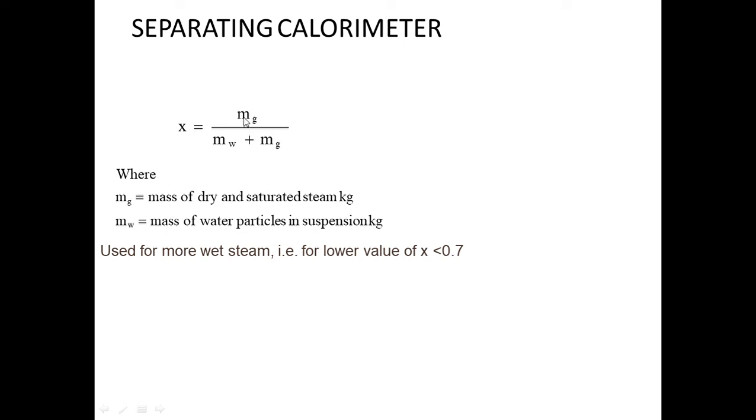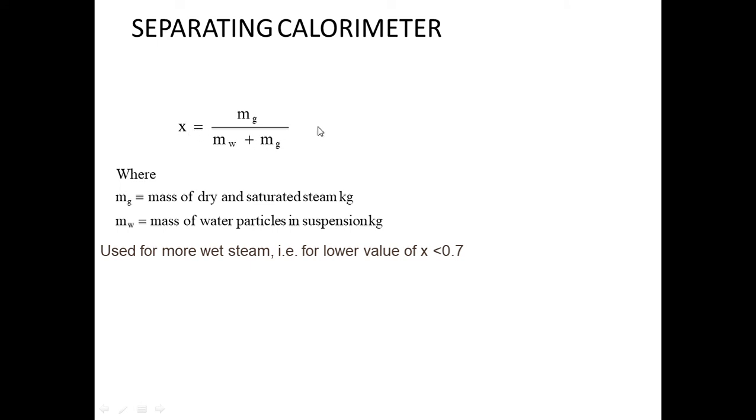So the mass of steam measured will have a higher value than actual, because in this mass of steam we are not completely separating the mass of water and mass of steam. So it may contain some moisture content. That's why this value will be greater than the actual value. That is the error. So whatever this ratio is, it will always come greater than the actual value.